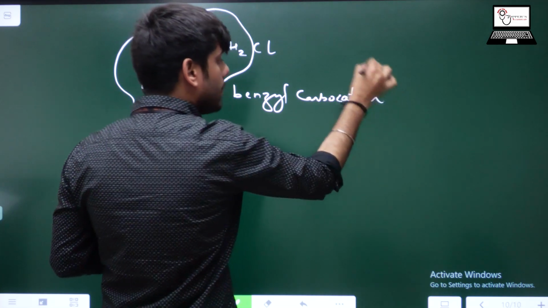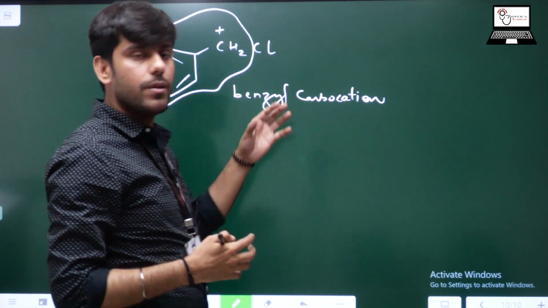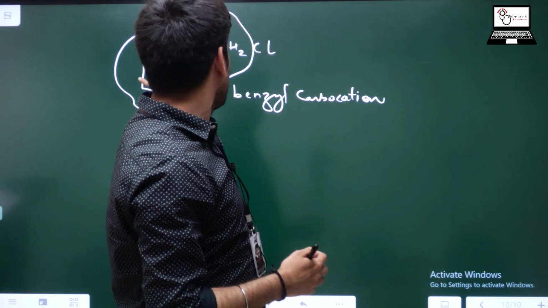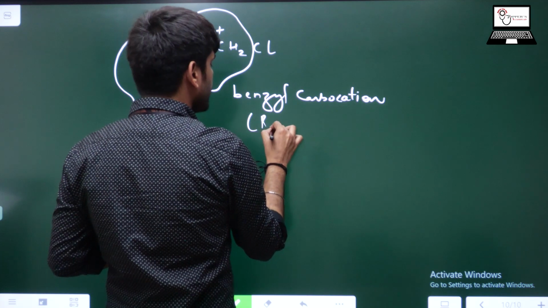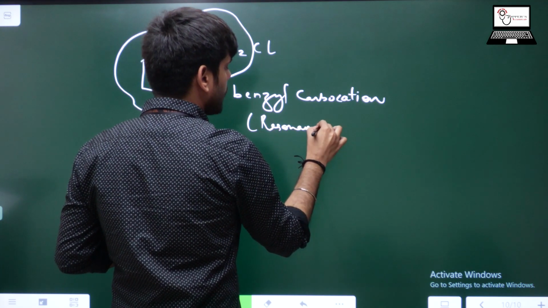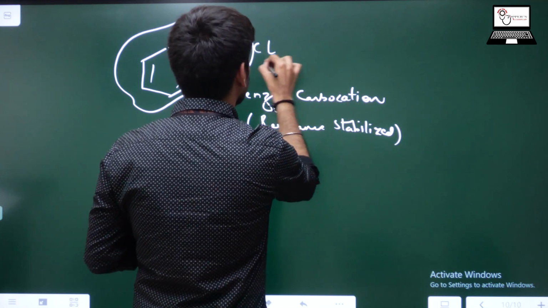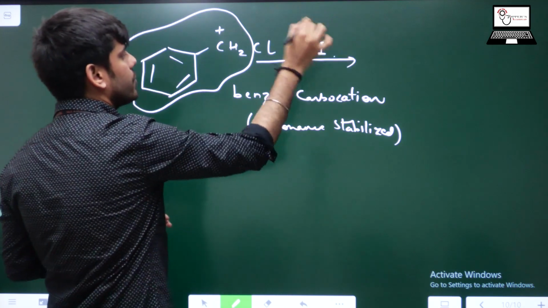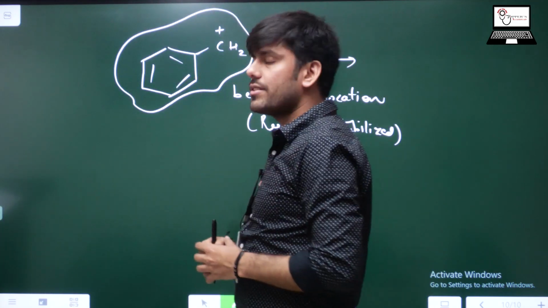You know benzyl carbocation is very stable because of this delocalization; it is stabilized by resonance, and hence this undergoes SN1 type of reaction. I hope this is clear.